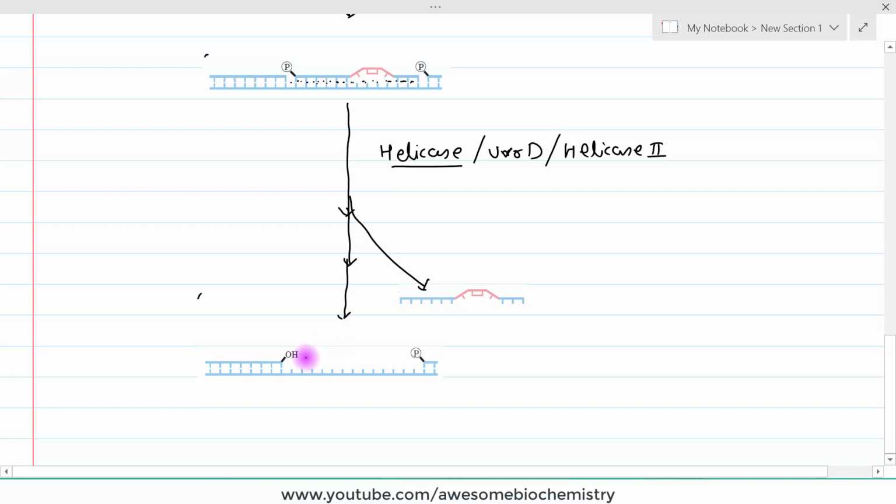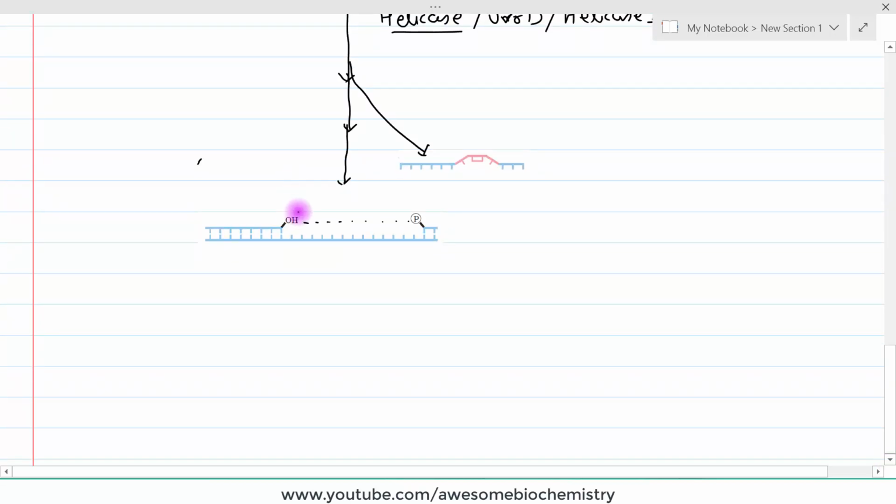Okay. Now there is a gap in the single strand of the DNA. So now the process is very simple, just like other repair mechanisms. What will happen? This gap needs to be filled, and it will be filled by DNA polymerase 1. This DNA polymerase 1 is in the case of E. coli. In the case of human or eukaryotes, it is polymerase epsilon.